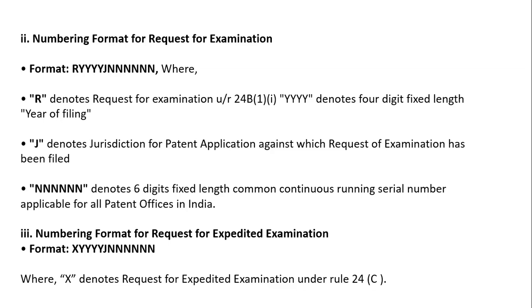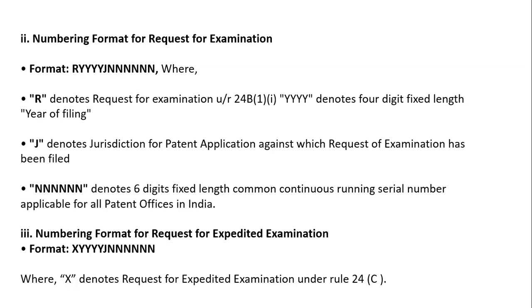Now, what is the format for the request for examination? The suffix R is added and nothing else changes. And in case of expedited examination, X is added. X denotes expedited examination. And the serial number reflects the year of application and the jurisdiction in which you applied for examination. You will apply at 1, 2, 3 or 4, wherever you filed the application.